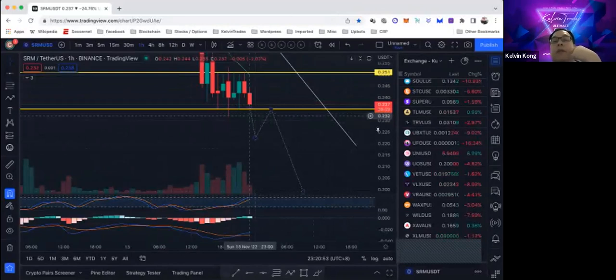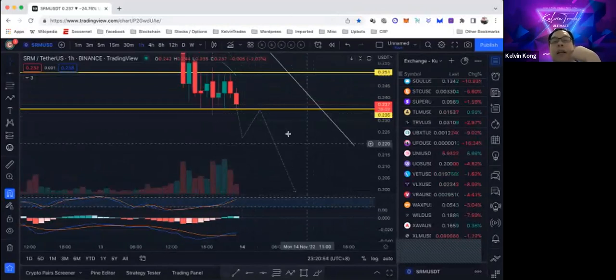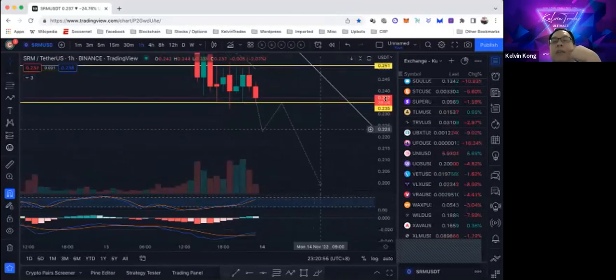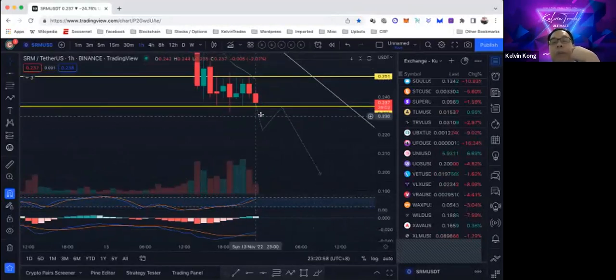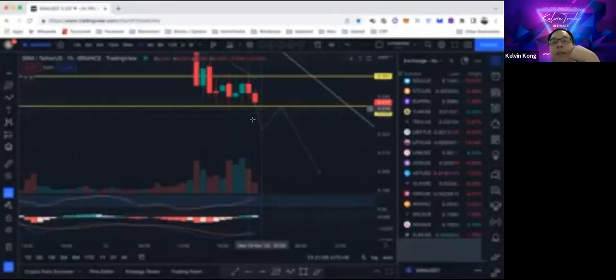So if you are the risk taker, you can put maybe probably 50% here, and then the rest of your capital you put here, if it retraces, if it retests and then succeeds.